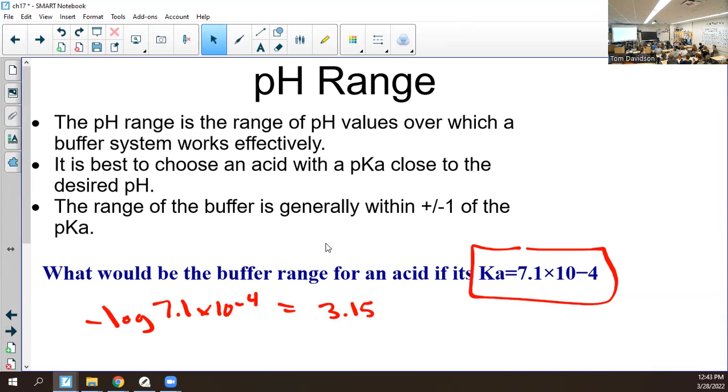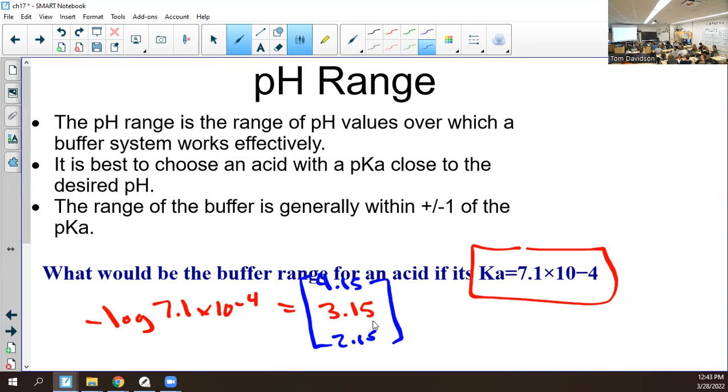So the pH range of this buffer then, we would say, is between 4.15 and 2.15. This buffer, and it doesn't say what acid it is, but it would give you a name of the acid. This would be good if we needed a system to remain around 3.5 to 2.5. Okay, we wouldn't pick an acid conjugate base pair that was outside of this range.